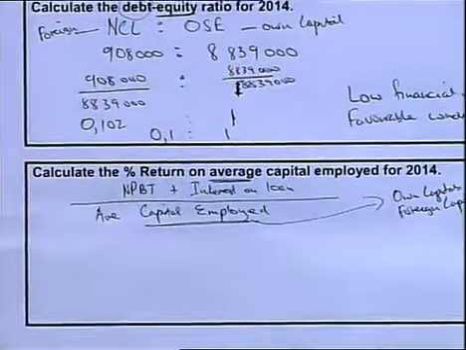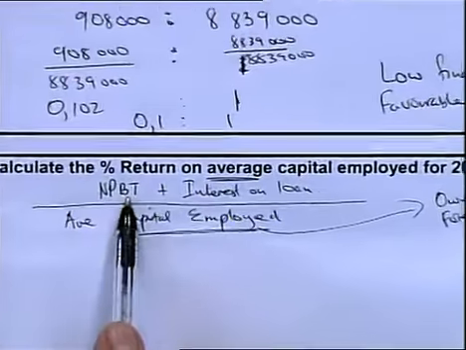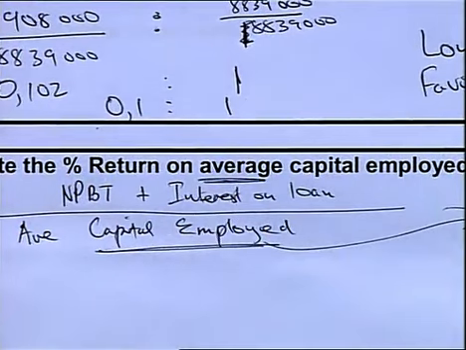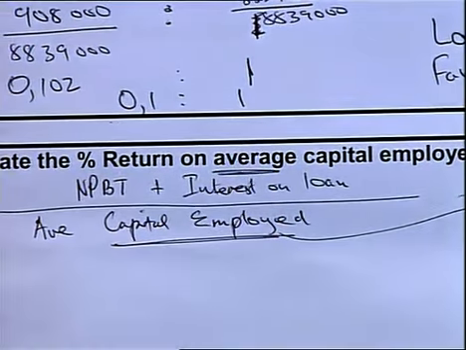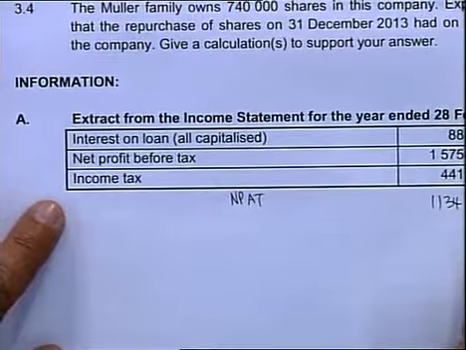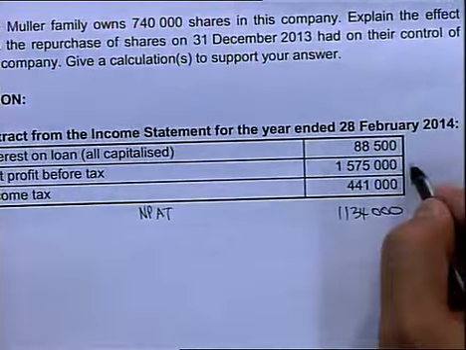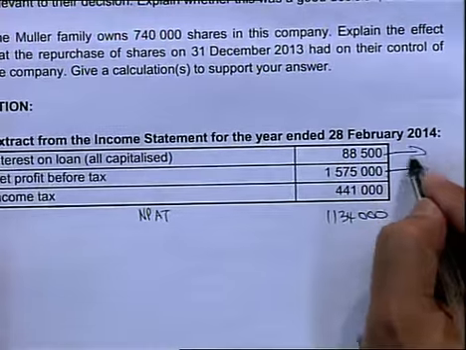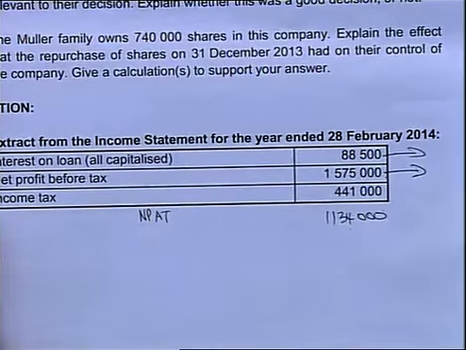Right, so what do we have on top? It says the net profit before tax plus the interest on the loan. So when we look at the information, here we go. It's net profit before tax and also the interest on loan, which is 88,500.